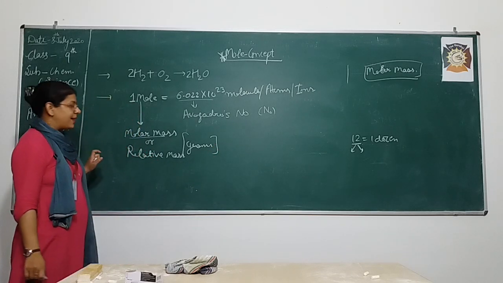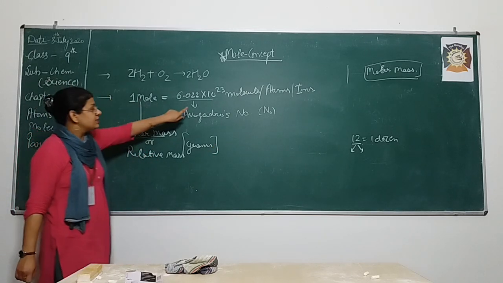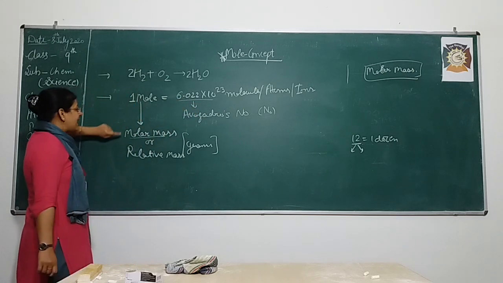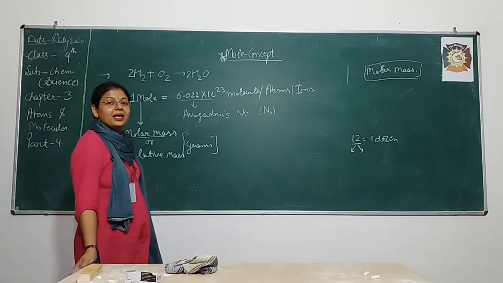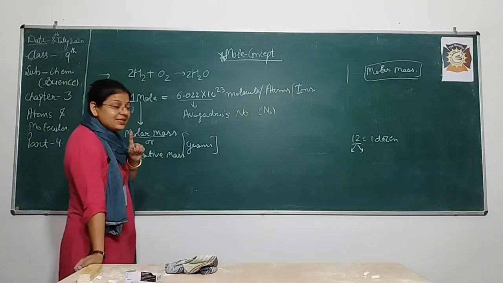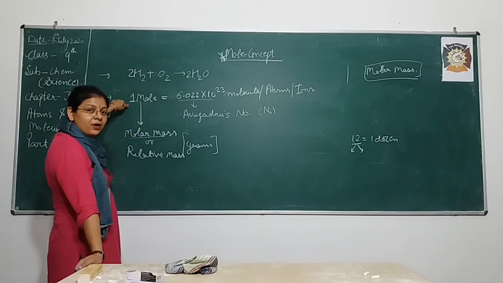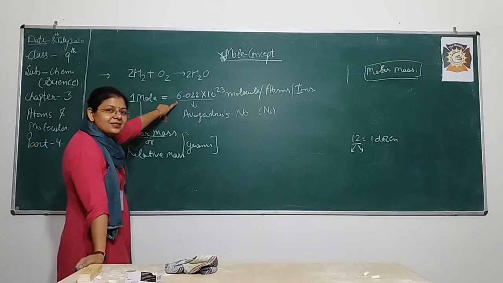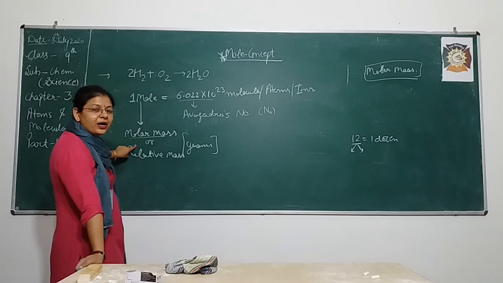So 1 mole has 6.022 into 10 raised to the power 23 particles, and the mass is equal to its relative mass. Now by an example: for 1 mole of hydrogen, the number of particles is this one and the mass is 1 gram.